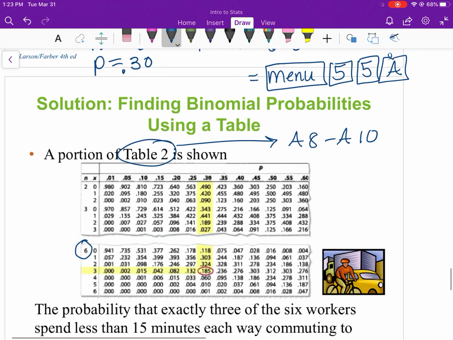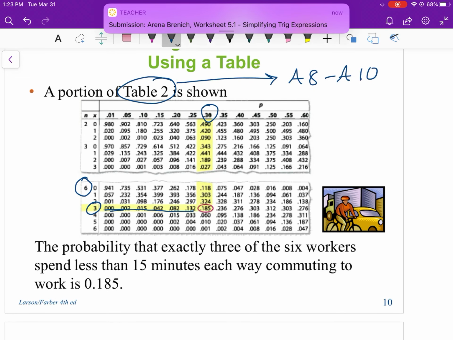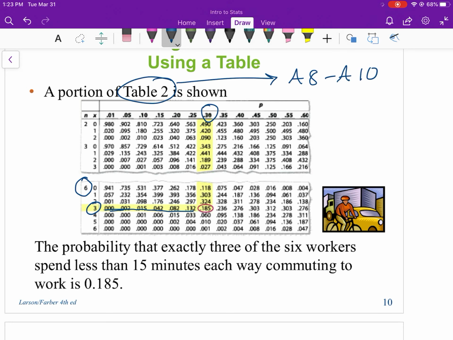Your X is 3. We wanted the probability that 3 said that, so we're going to go here. And then you're going to chase that over, basically, and come down to your P, and there's the same answer, 0.185. There you go. Please let me know if you guys have any questions, but this is the end of lesson 4.2.